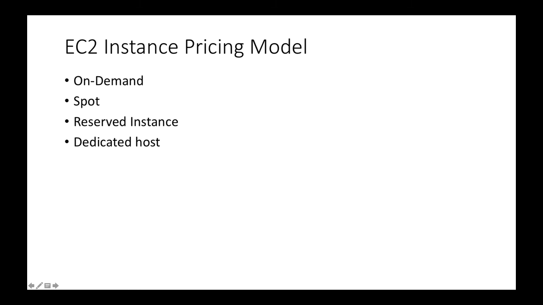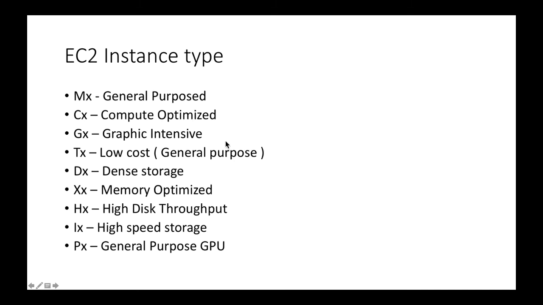So as I said, EC2 comes with multiple flavors. It has, I don't know how many, 1, 2, 3, 4, 5, 6, 7, 8, 9 instance types as of now. First one is definitely general purpose, right? Here M denotes what kind of instance type it is, and the number is your generation.